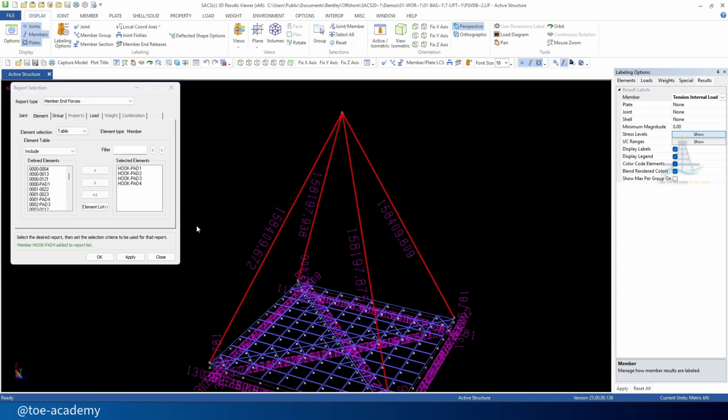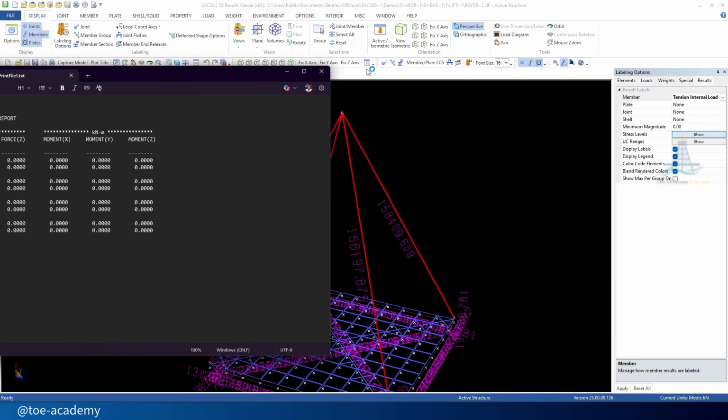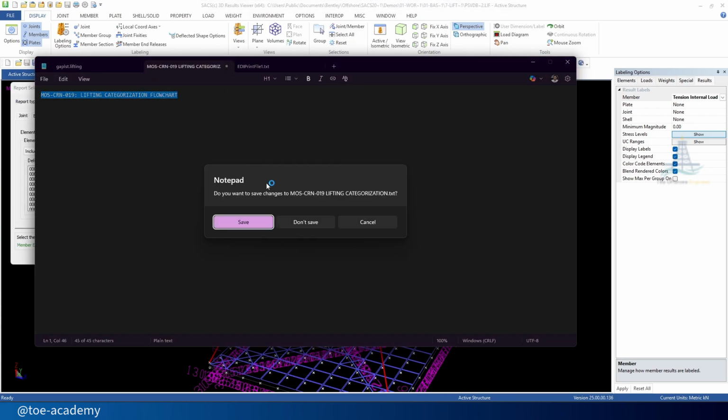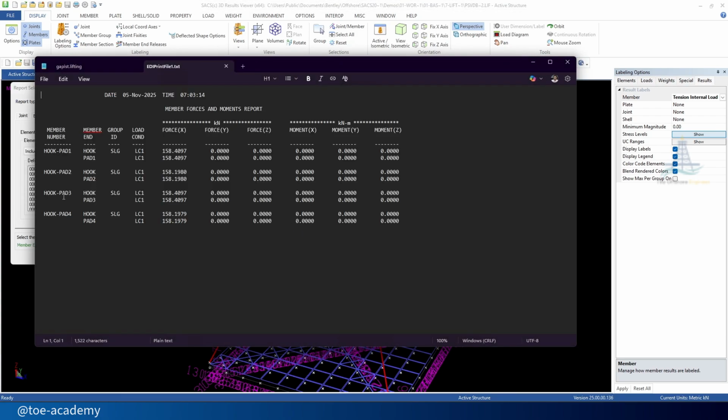You select this, and you can see the sling tensions. So it's only in the local x-axis, not in y or z or any moments. That's why we gave our proper releases. And so this is how you check.